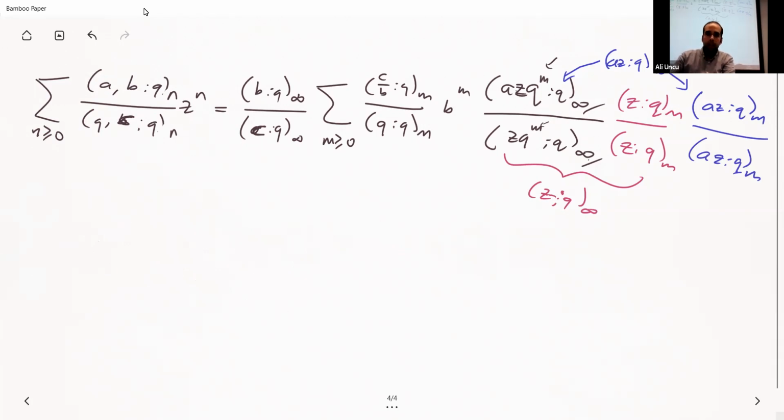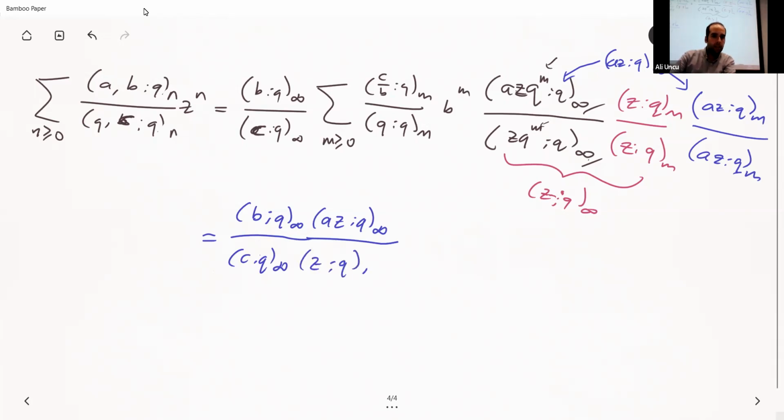Perfect. Then what we will see is on the top we have (b;q)_∞. Now we have an (az;q)_∞ as well. On the bottom, we already had (c;q)_∞. Now we will have a (z;q)_∞ as well. And what is left in the sum? From 0 to infinity, we have this (c/b;q)_m, and then (z;q)_m.